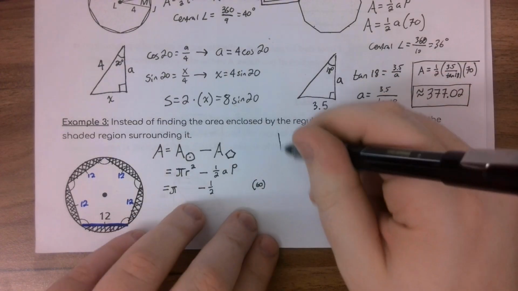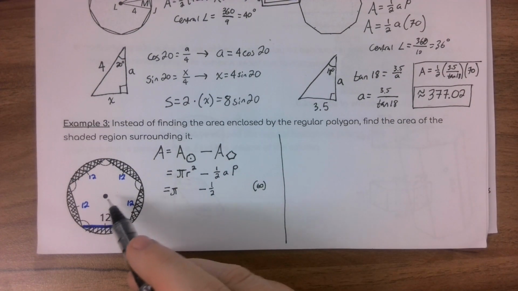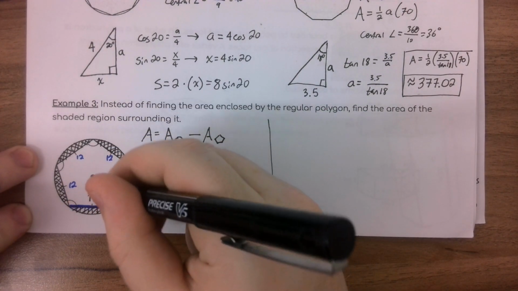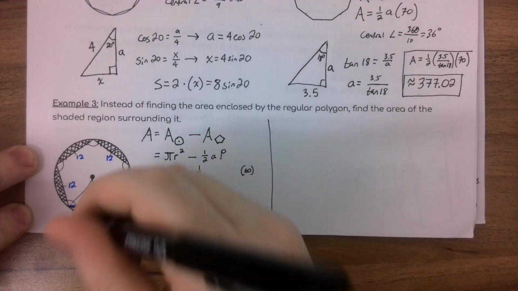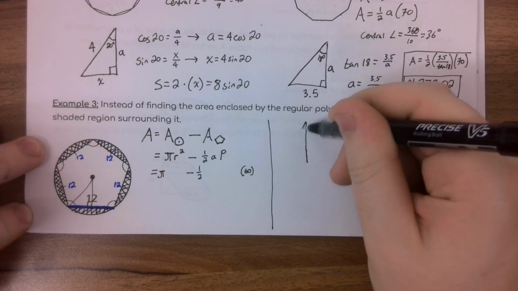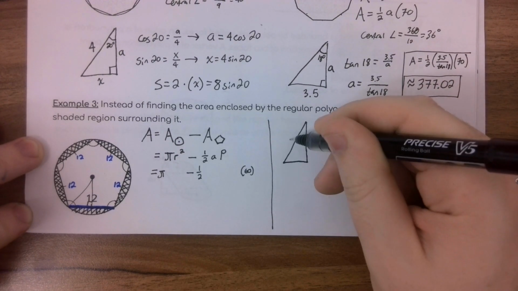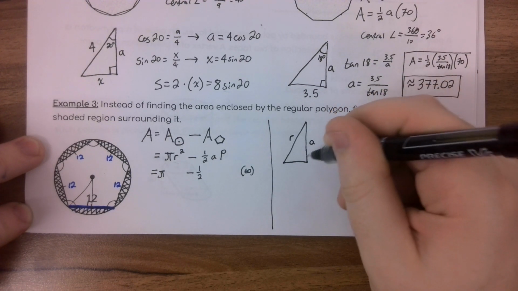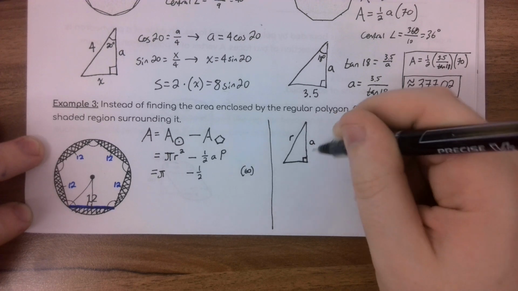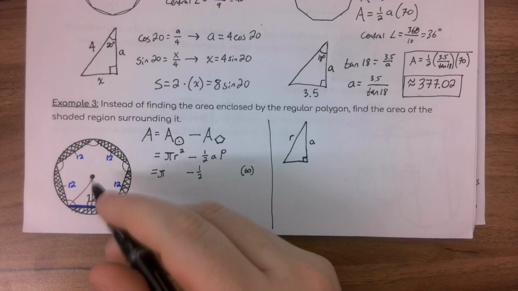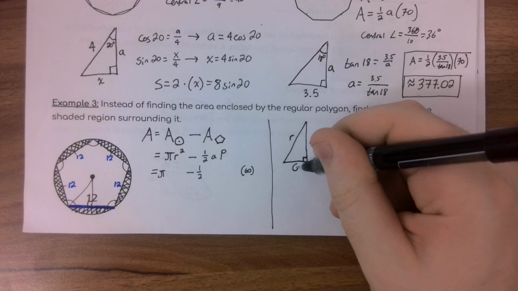So let's tackle those. To find our apothem, and to find our radius, really, we need to make a right triangle somewhere. I think this will be a perfect one. So we have a right triangle. Our radius r is going to be this length. Our apothem A is this length. And we know that the side length here is 1/2 of 12, because we cut it in half to make the right triangle. So this is 6.